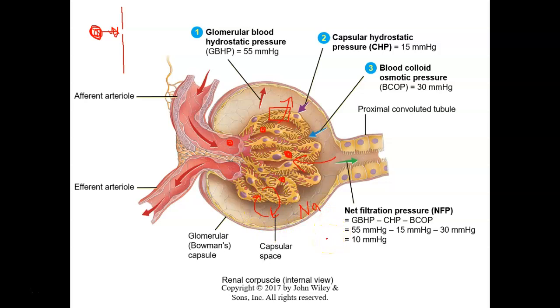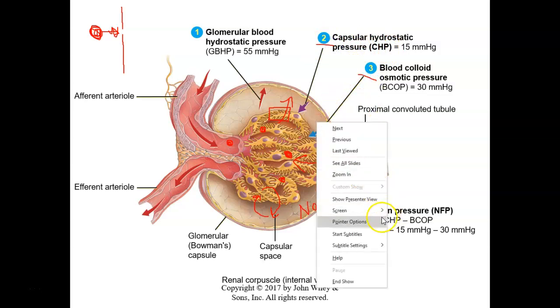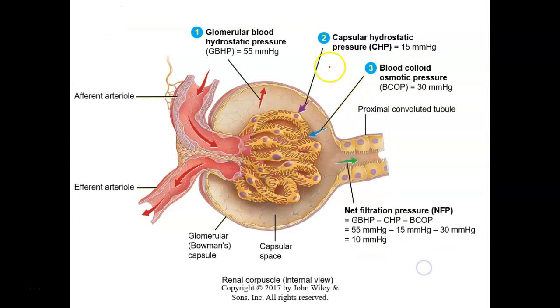But anyways, the end goal is the net difference. So if, for instance, 2 and 3 are causing fluid to be drawn back into the glomerulus, and blood hydrostatic pressure is pushing outwards, these two here equal 45.